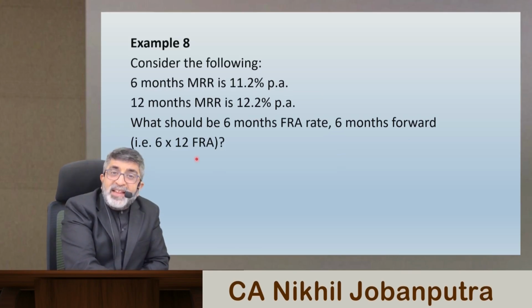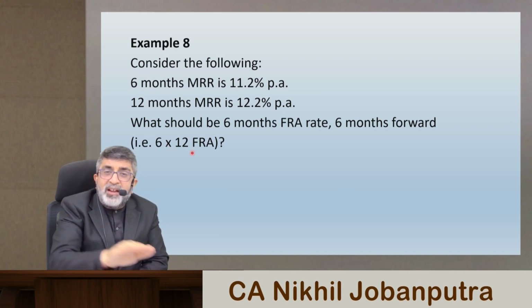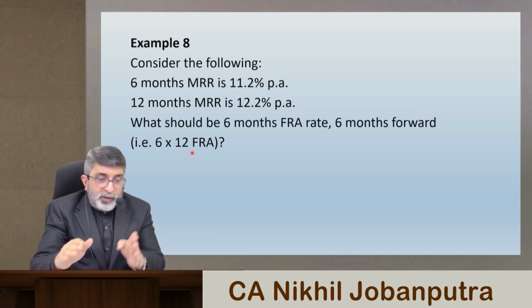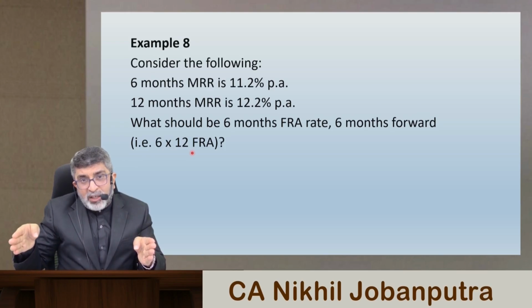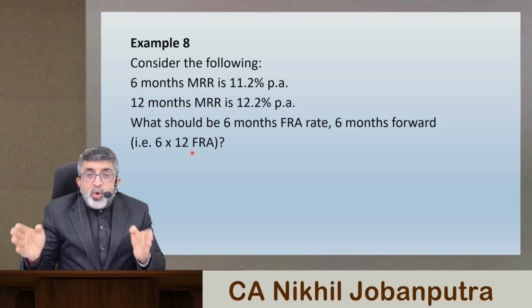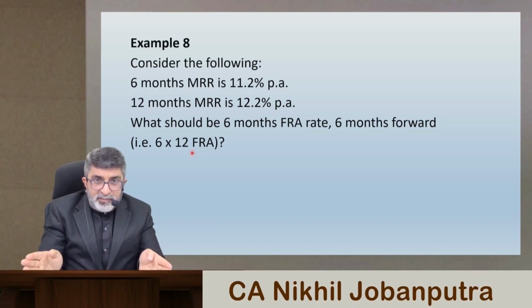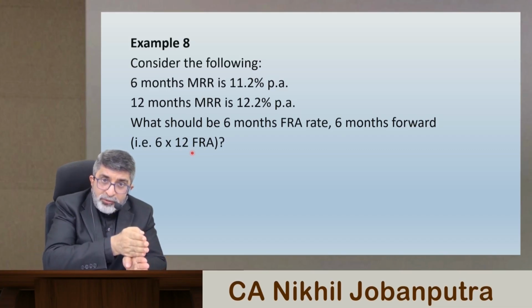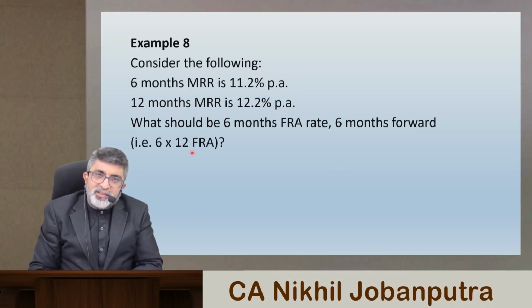That is why it is mentioned as 6/12 FRA. The loan initiates after 6 months and the loan terminates after 12 months. If the loan starts after 6 months and terminates at 12 months, the loan duration will be 6 months. That is, from the end of 6 months to the end of 12 months, the duration will be 6 months.